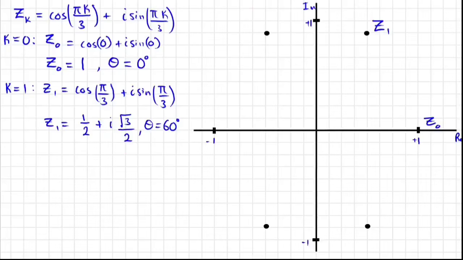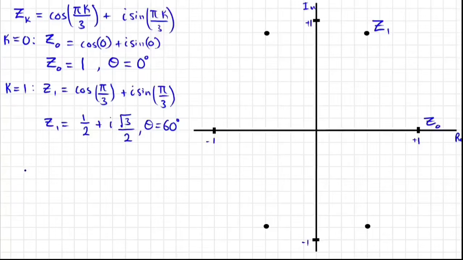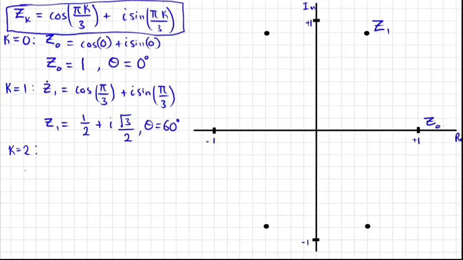So if that's the case, let's also find the complex number when k is 2. If I replace in the original, remember the original is this one that I have here on top. I'm just replacing k in this one here.